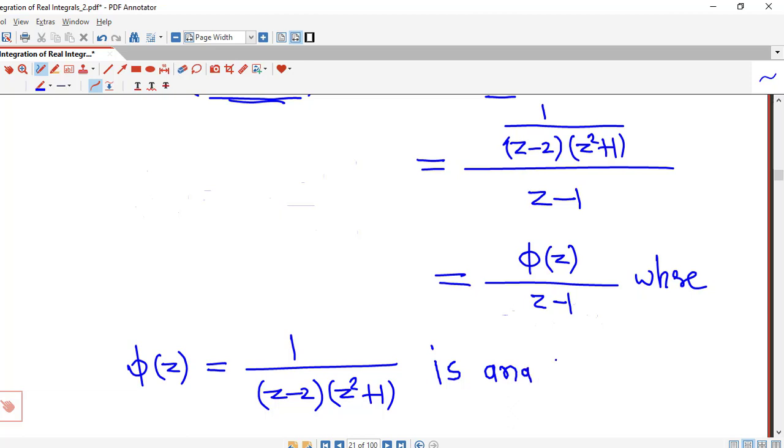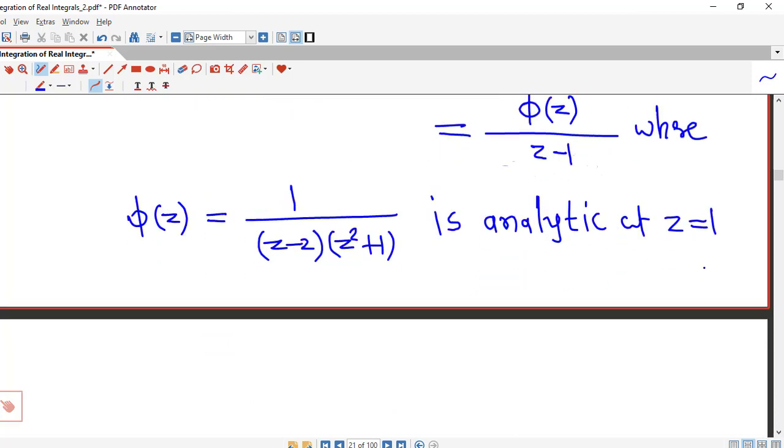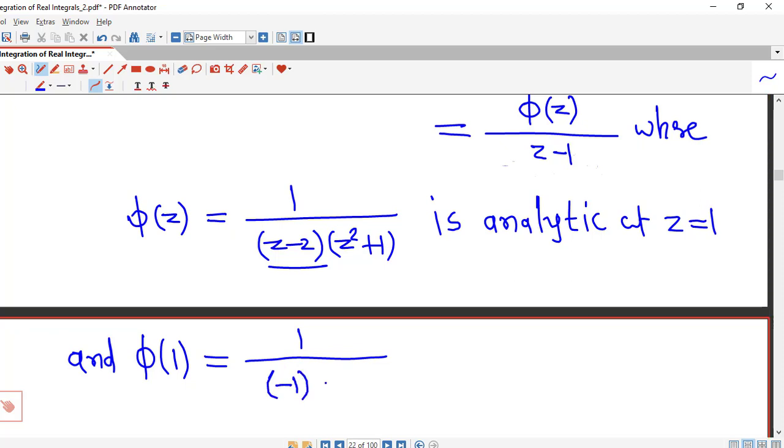It is analytic at z equal to 1, and the value of phi at z equal to 1 must be non-zero, so we check by taking z equal to 1 here. If I put z equal to 1, I have 1 over 1 minus 2 times 1 plus 1, which is 2, so this is minus 1 half, so it is non-zero.